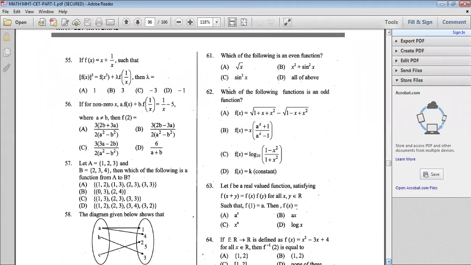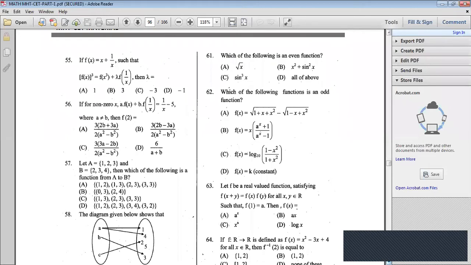Which of the following functions is an odd function? Just observe the first option there. Take that as f of x, which is root over 1 plus x square minus root over 1 minus x plus x square.